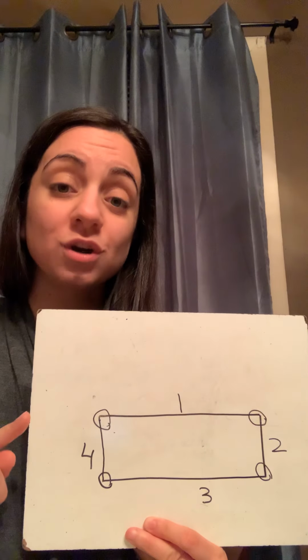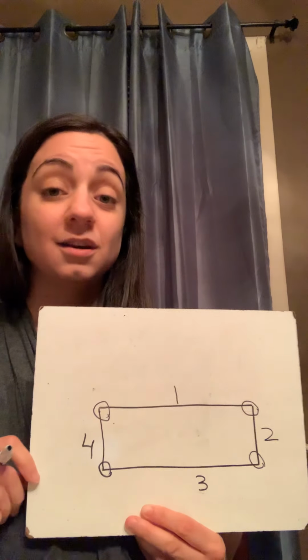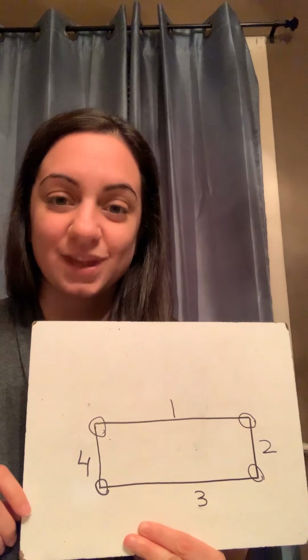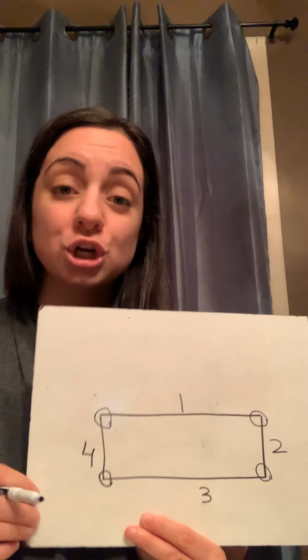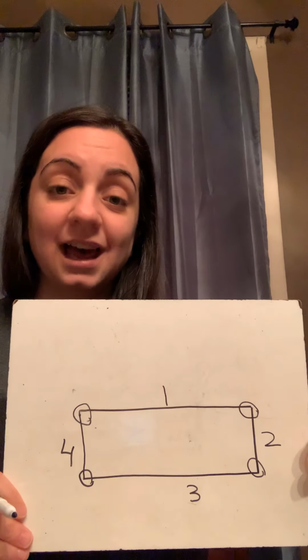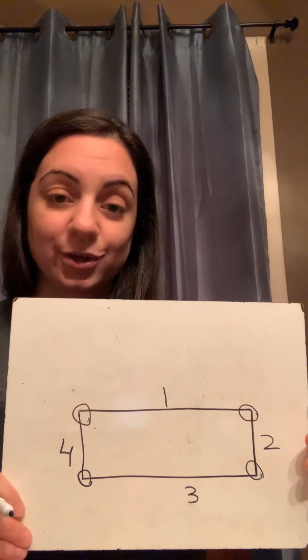They are 4 sides made of straight, closed lines. What is the name of this shape? You got it. It's a rectangle. A shape with 4 straight sides that have closed lines is called a rectangle.